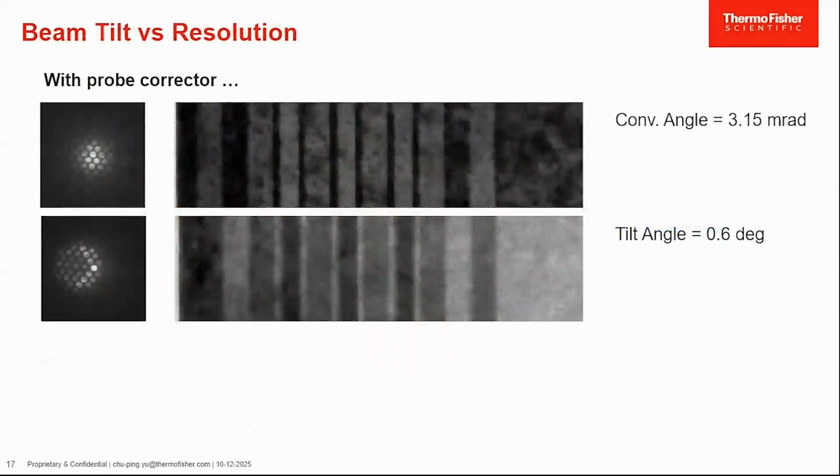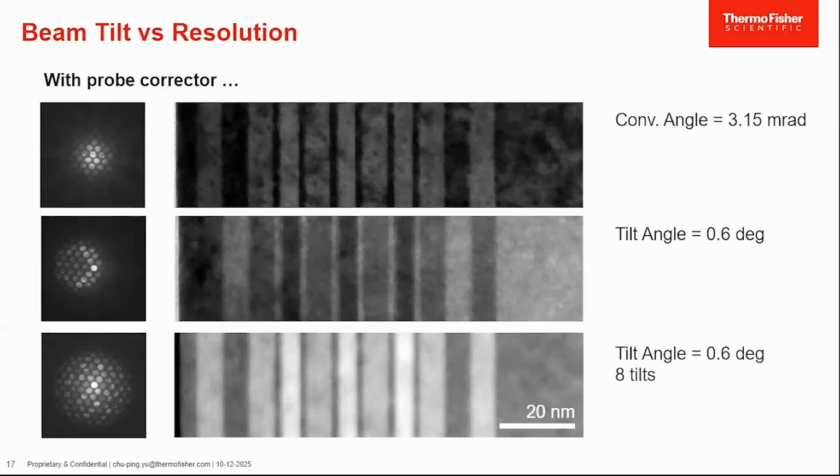So let's see, without any tilt angle and with a convergence angle at 3.15 milliradians, we get a pretty good resolution without tilt. And with tilt, with 0.6 degree tilt, the resolution is still roughly the same as before, indicating the resolution is not lowered because of using any beam tilt.